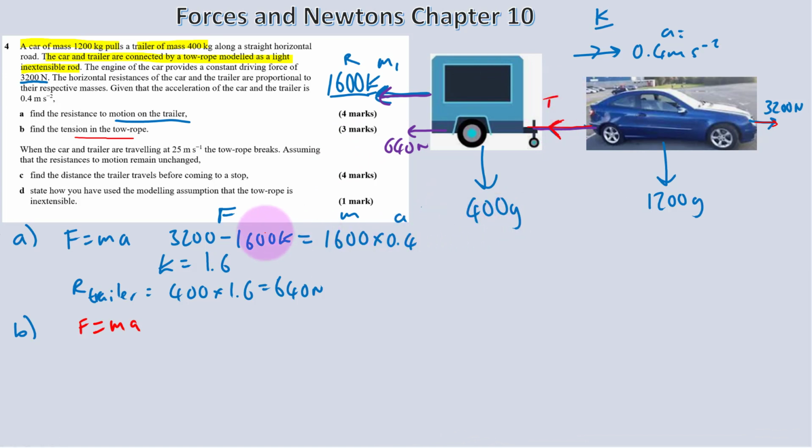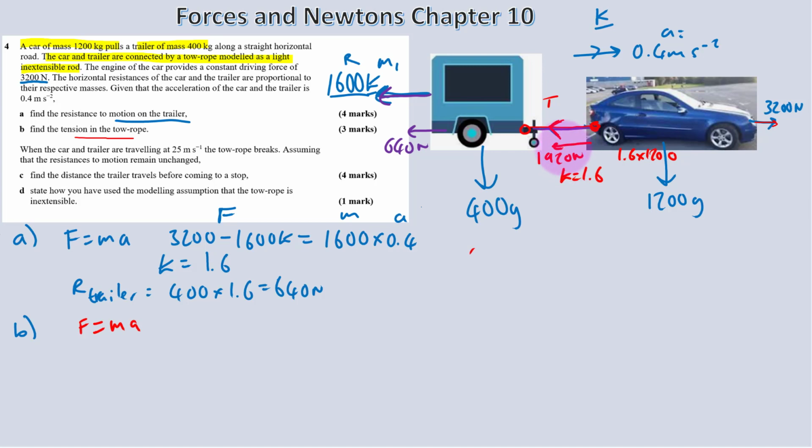Now, earlier we know k is 1.6, right? So the resistance force, because we're focusing on this bit here of the car, is going to be 1.6 times 1200, and that is 1920 newtons.